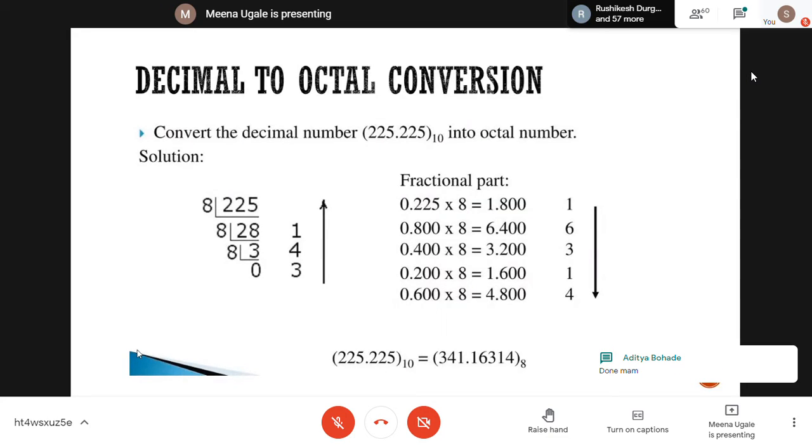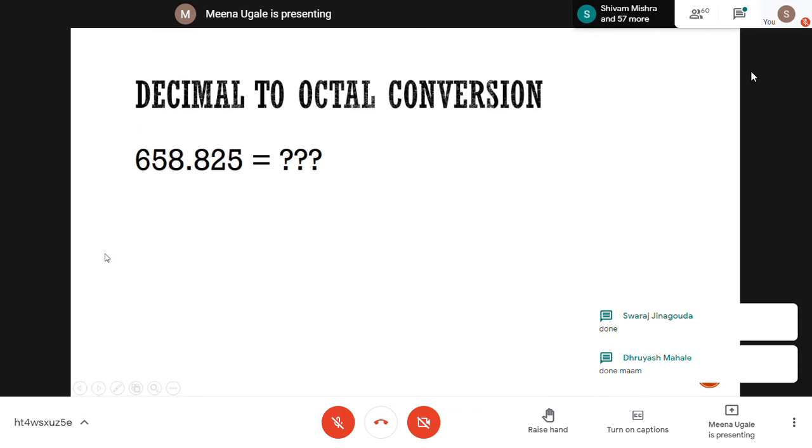Okay, Aditya, fine. Fine. I hope many students are posting. You have done with this. Got it? The integer and fraction part if the number is given.